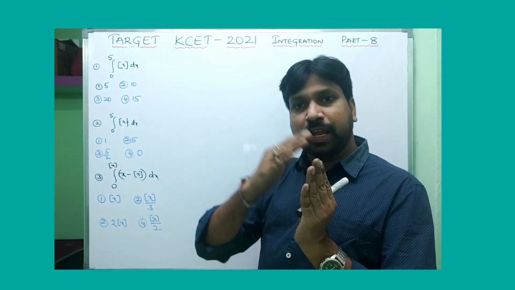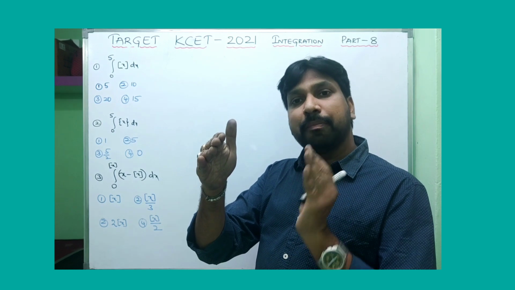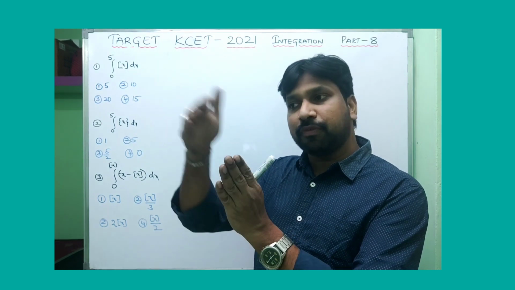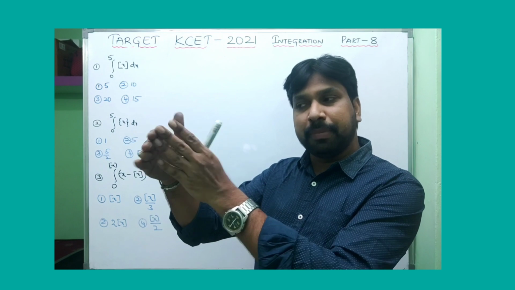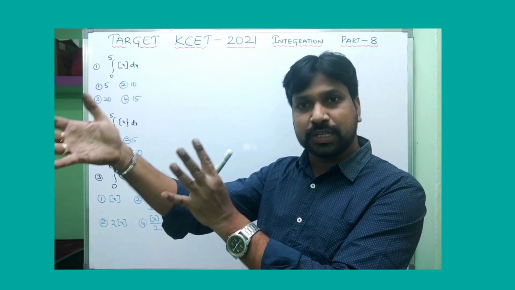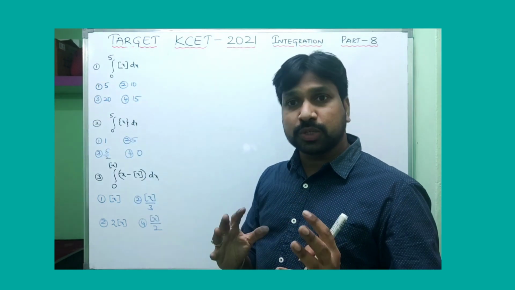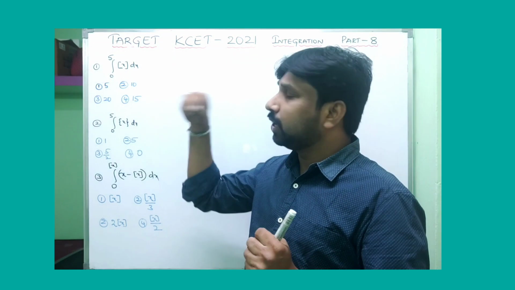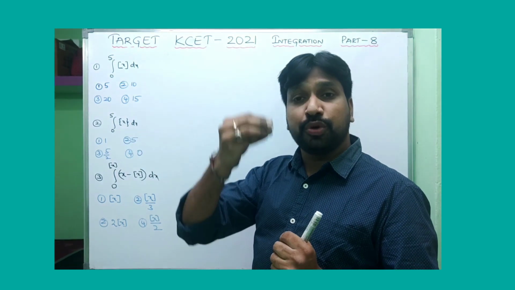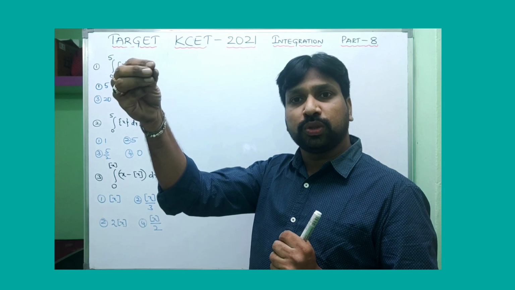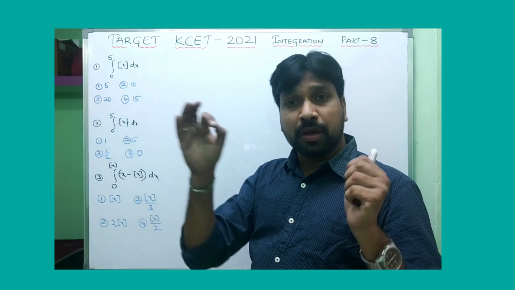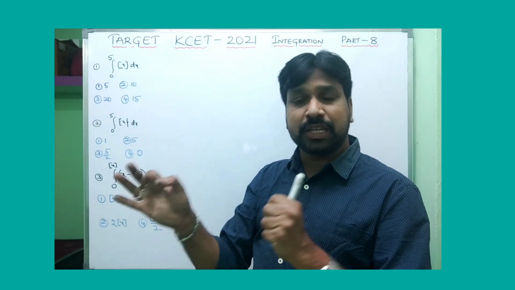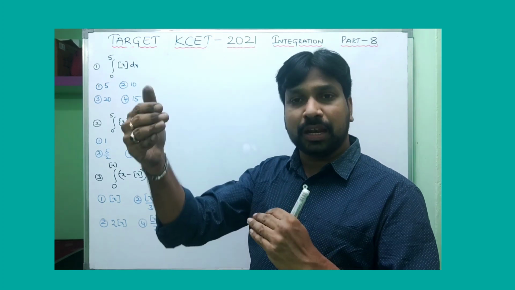For example, in between 0 and 1, the bracket x value is 0. In between 1 and 2, the bracket x value is 1. In between 2 and 3, the bracket x value is 2, and so on. That's why you need to split integral 0 to 5 as 0 to 1, 1 to 2, 2 to 3, 3 to 4, 4 to 5. Whenever a bracket x question is given, you need to split the limits.